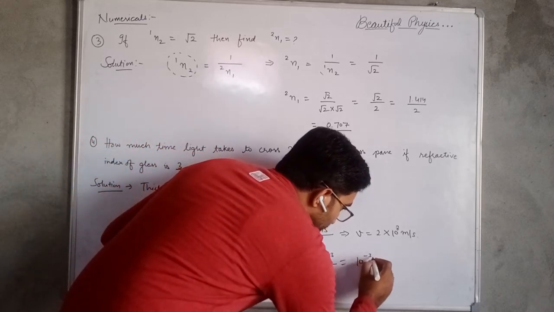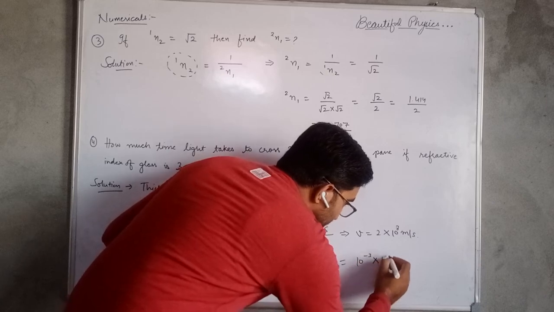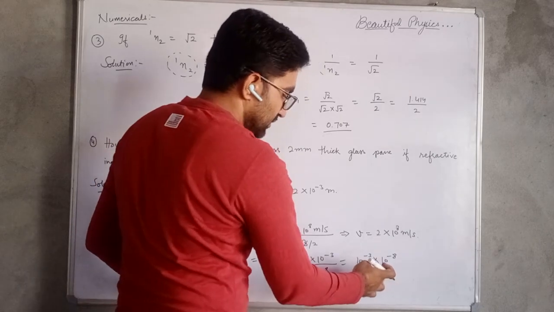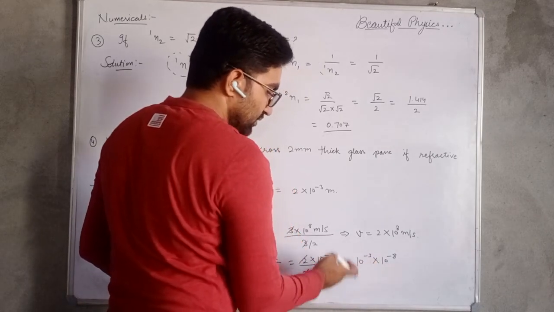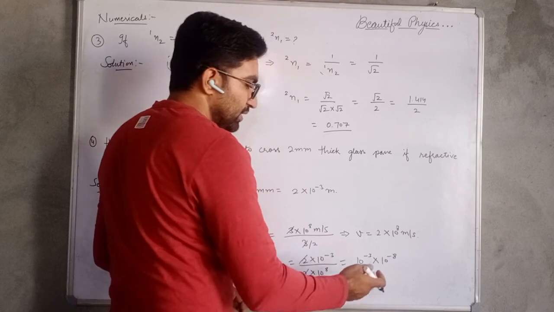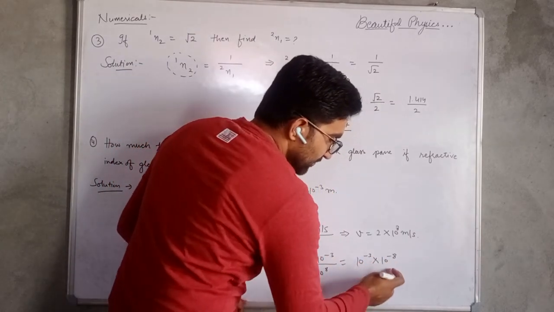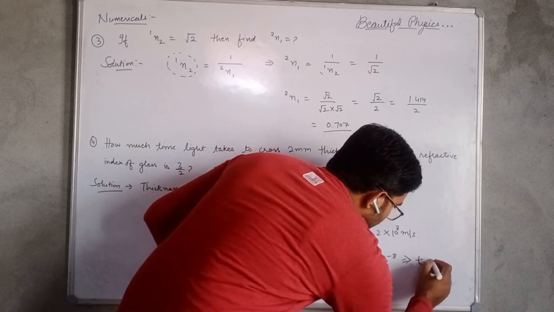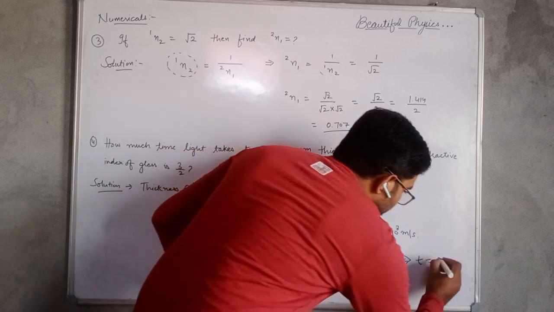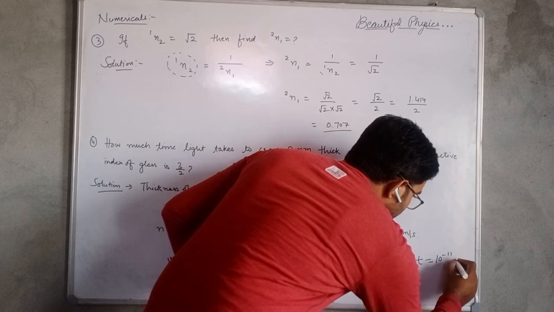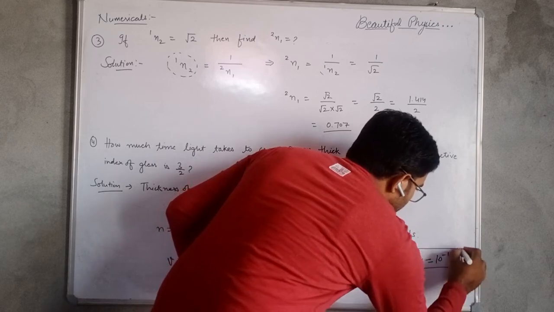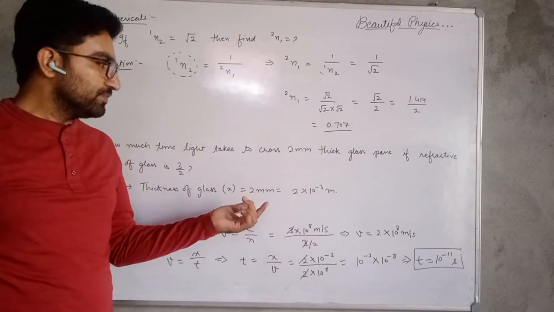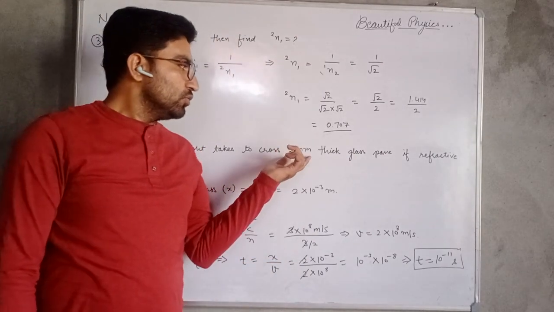In the denominator the power is positive, and if it goes to the numerator, then the power becomes negative. Base is same, so powers will be added, then the time will be equal to 10 raised to power minus 11 seconds. Light will take 10 raised to power minus 11 seconds to cross a thickness of 2 mm.